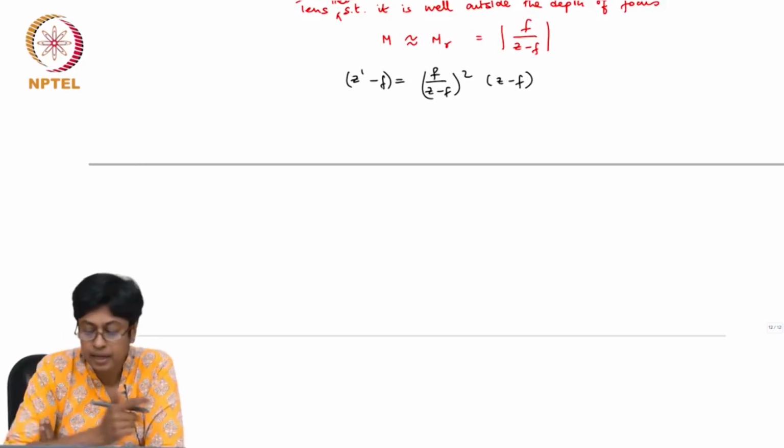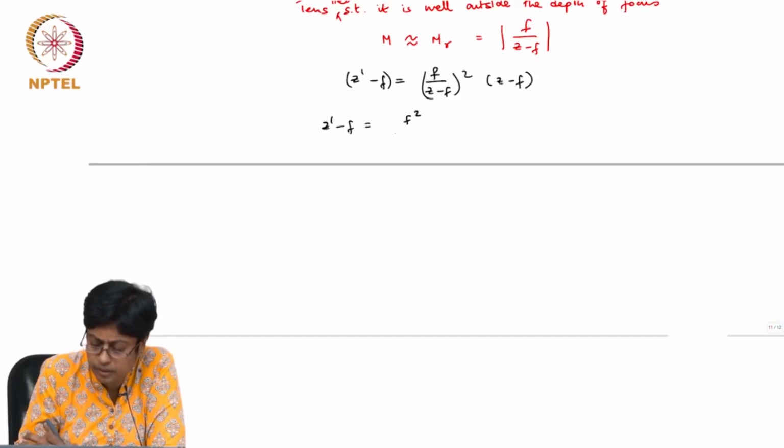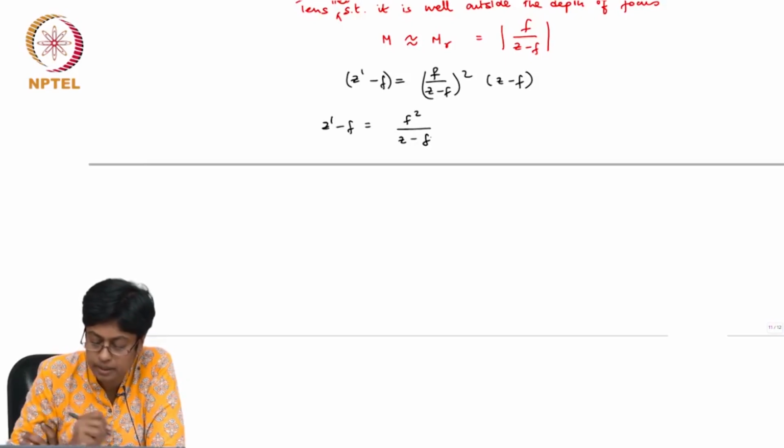Okay, and let's simplify this. So I have z dash minus f is f squared by z minus f.